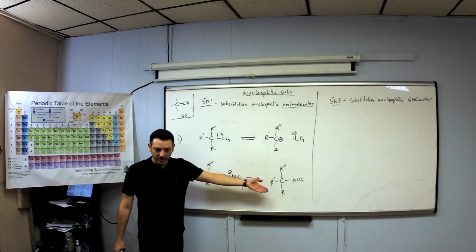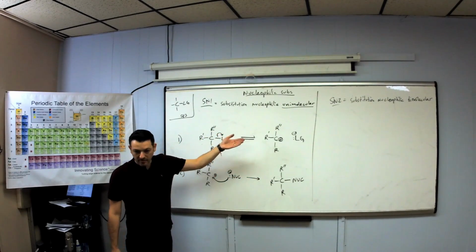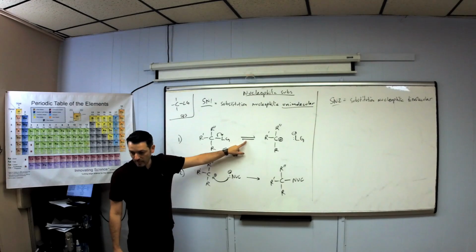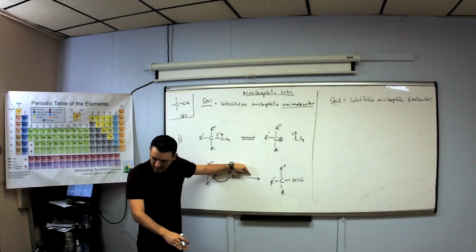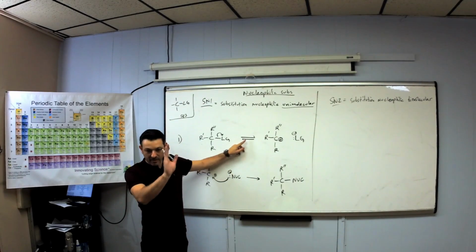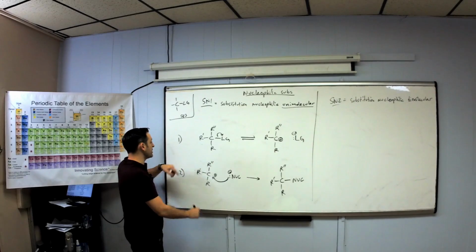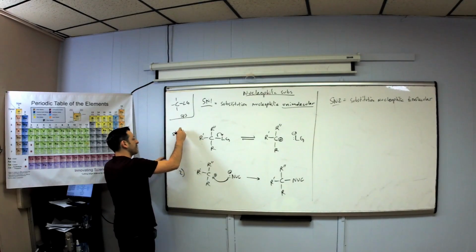It's probably easier to complete the octet rule than to ruin it, and that's why I have an equilibrium in this step. I'm always going to draw equilibrium arrows for steps that are uphill, and a straight arrow for steps that are downhill in terms of energy. So this is uphill in energy, that's downhill in energy. So this is going to be our slow step.